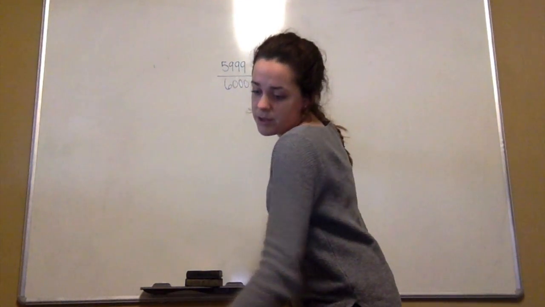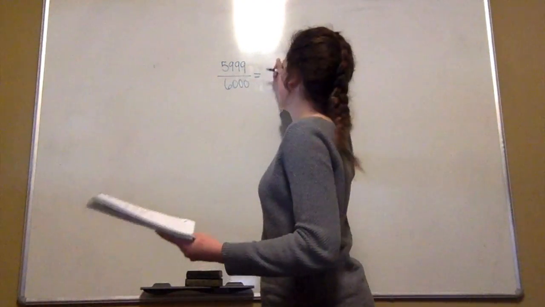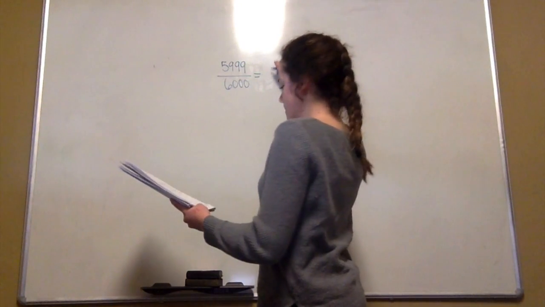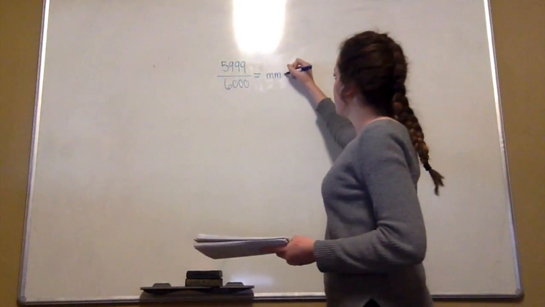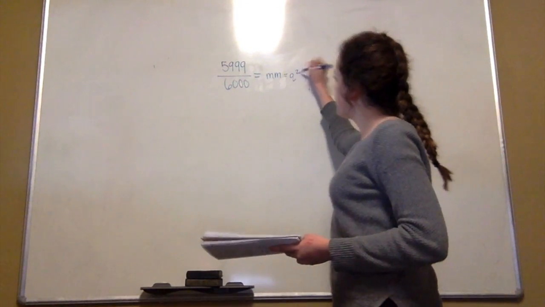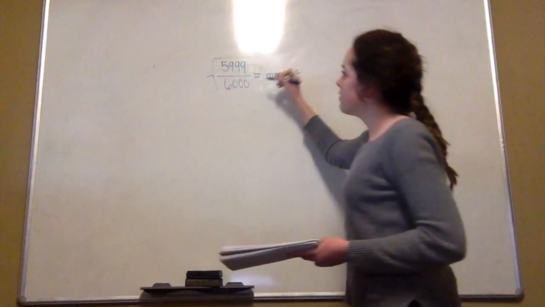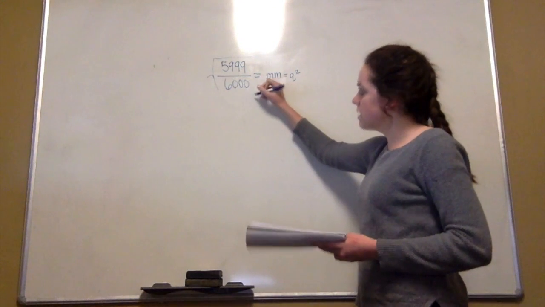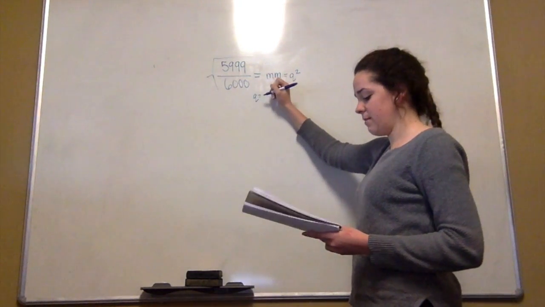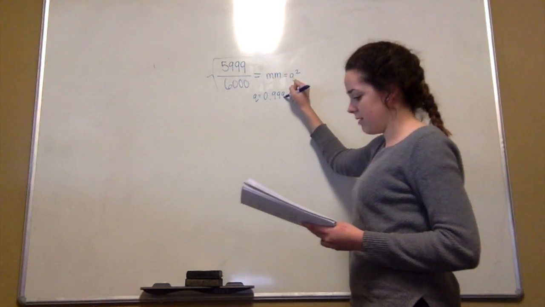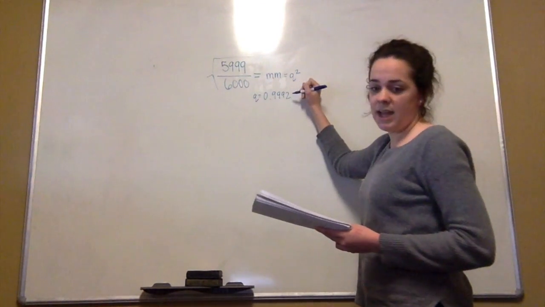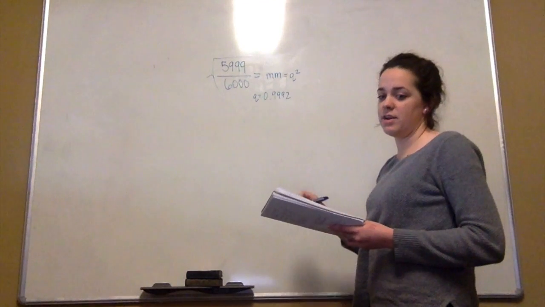And so that gives you the recessive allele. And so once you have that, you know that that's equal to q squared. So you take the square root of 5,999 divided by 6,000, and you figure out that q is equal to 0.9992. And that's the frequency for the non-disease allele.